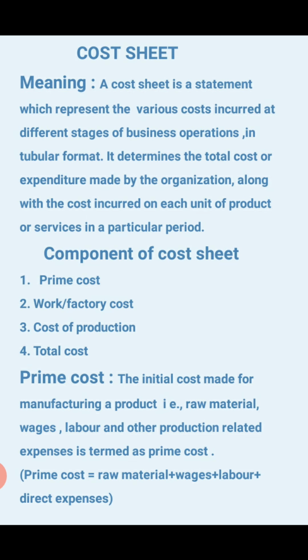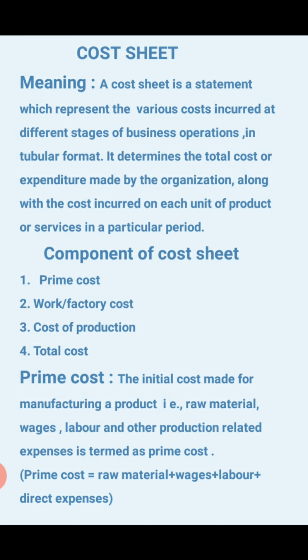And the next is components of cost sheet. It means what are the various components or heads of cost sheet. The first cost is prime cost. Prime cost is called the initial cost. When we are going to start a business, various raw material, labor and wages are needed.